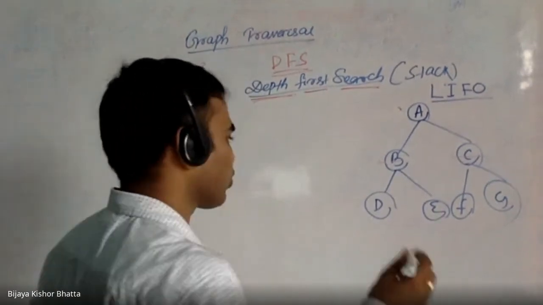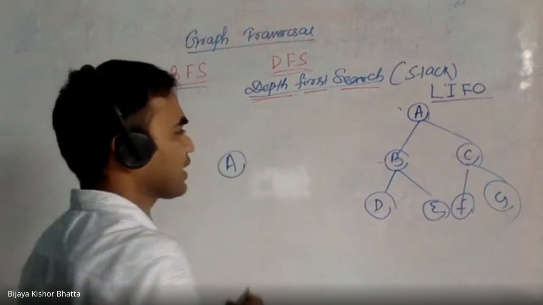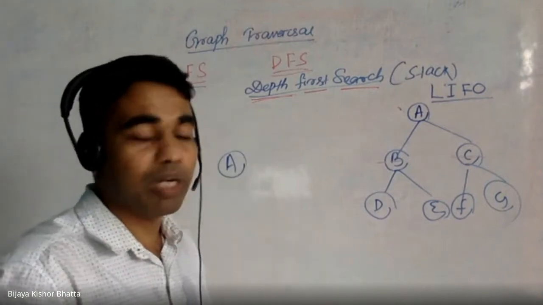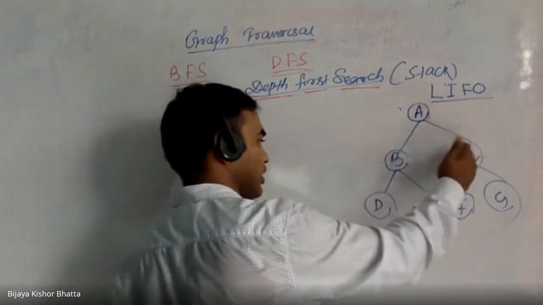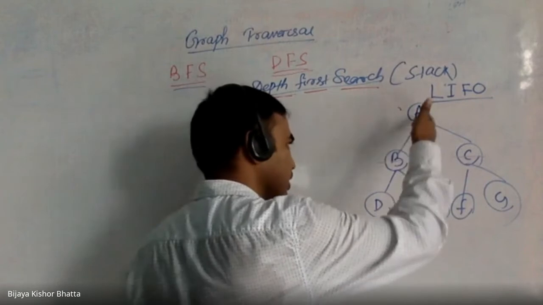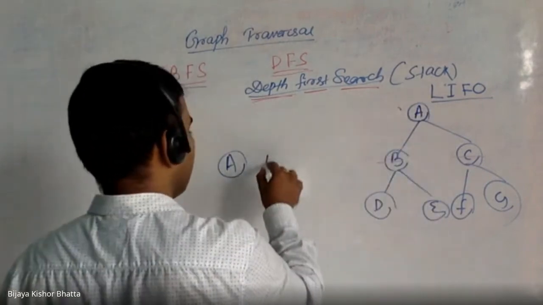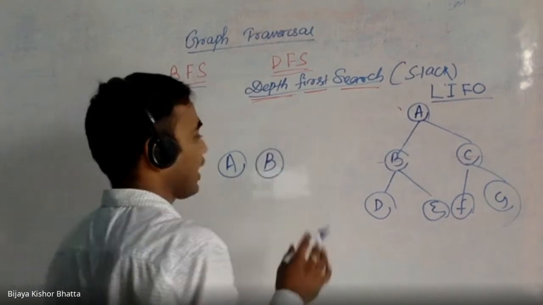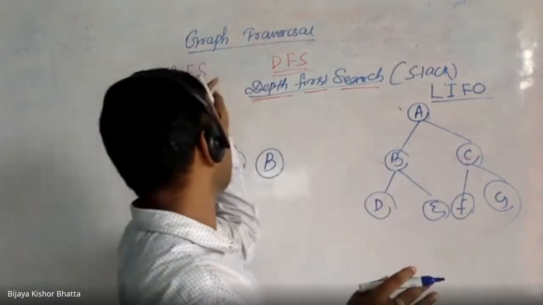Let's do it. Like I told, we'll start from, suppose, vertex A. Once I start, I'll process that, but I will go for one of the depths. I can go to any depth, that does not matter, but I'll go one way. So I'll go to this particular vertex B. After B, I will not go for C, because I'm going depth wise, not breadth wise; that is BFS.